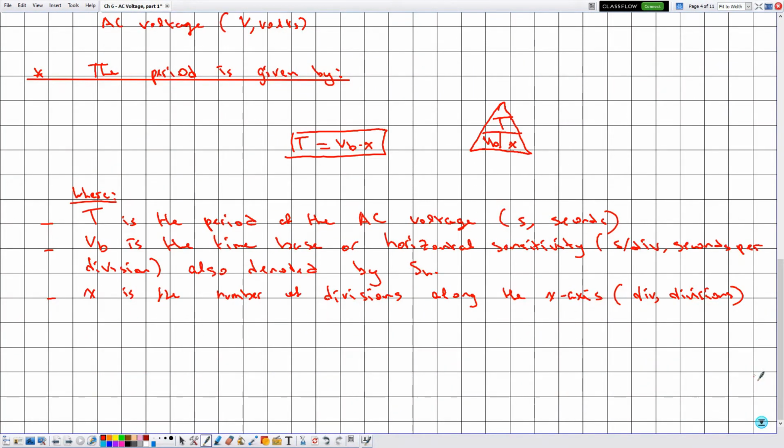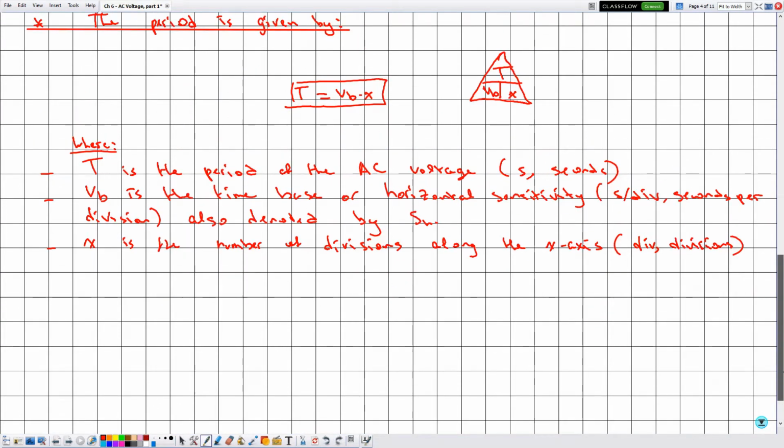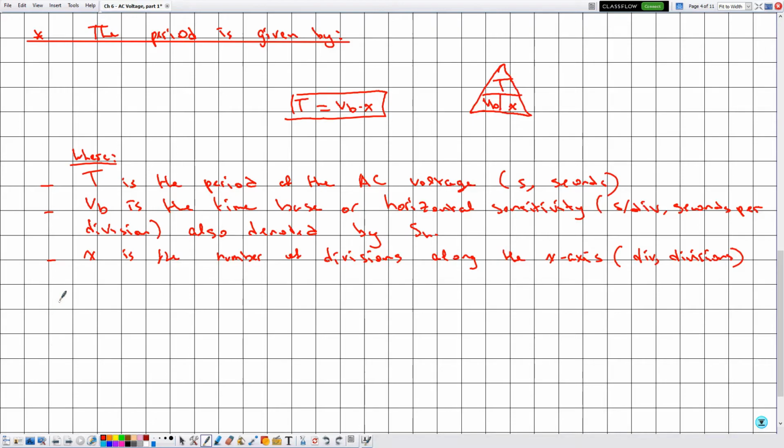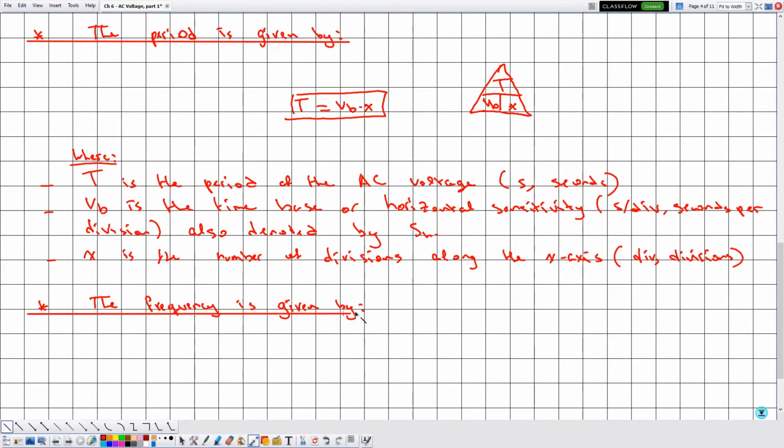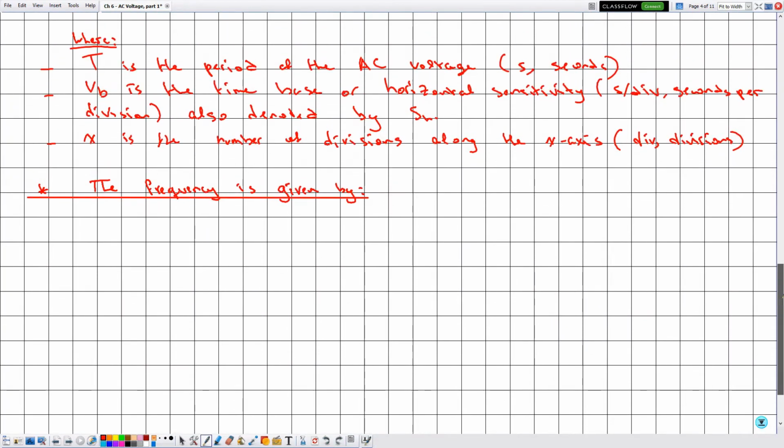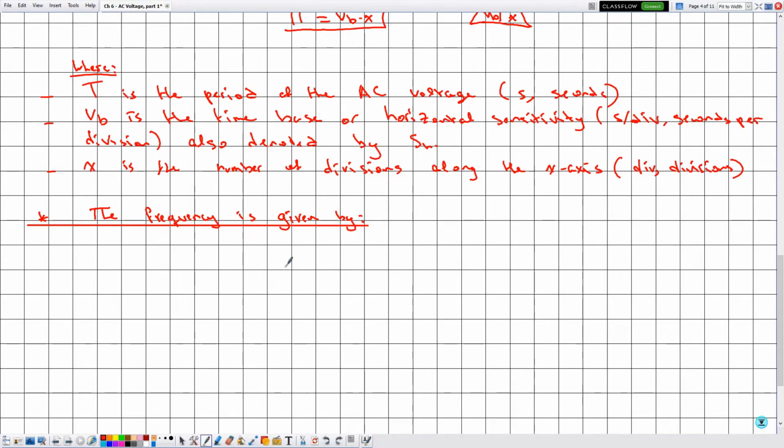And now after we have determined the period T using the waveform, we can deduce another quantity, the frequency f. Also for this formula we can construct the triangle.